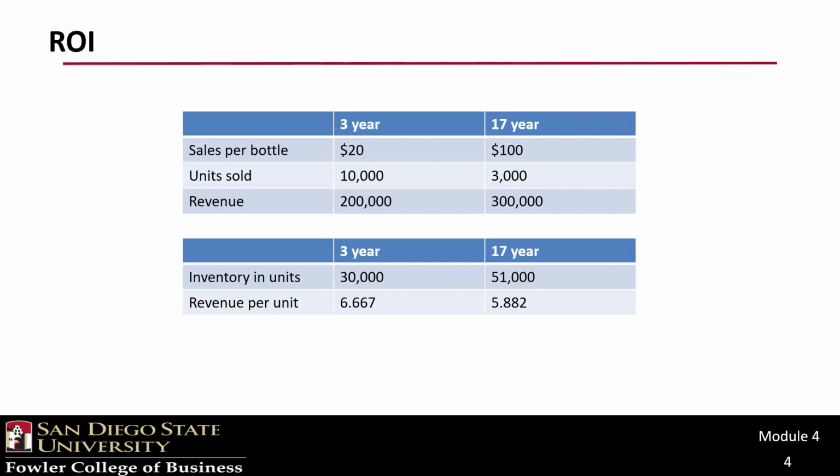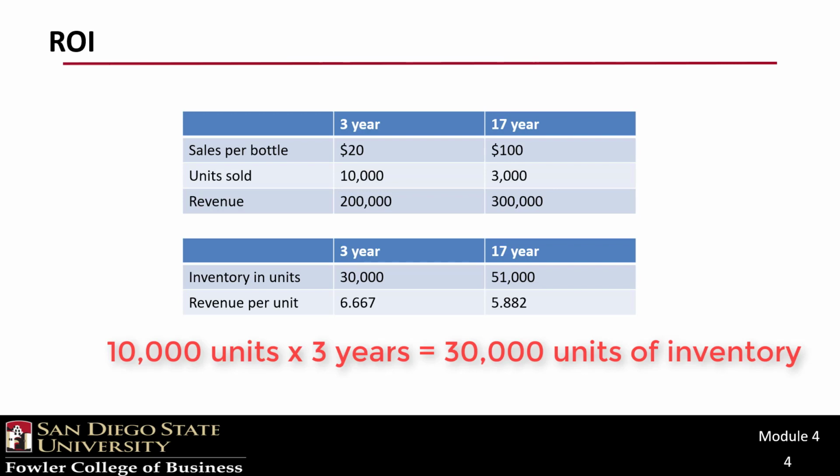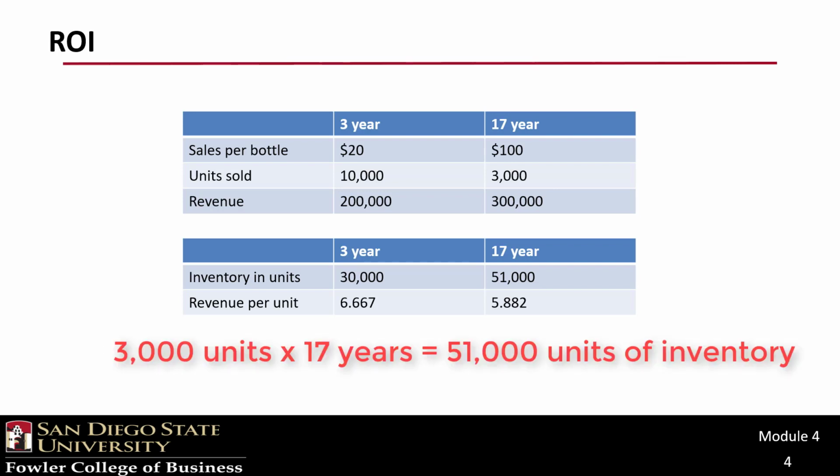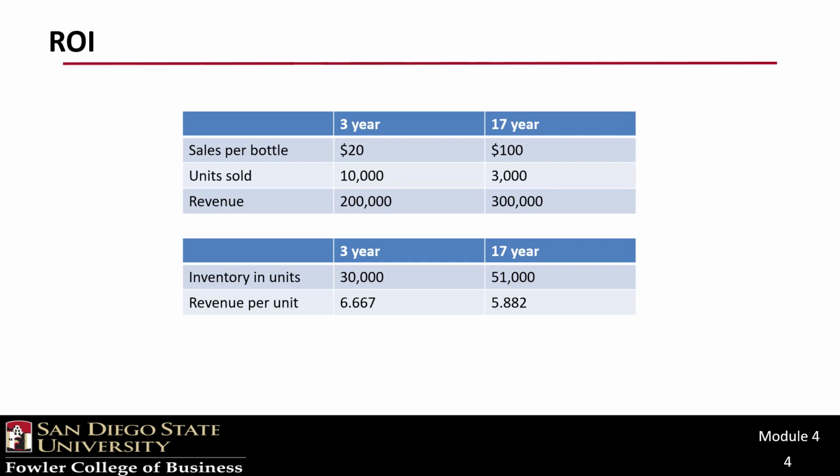However, in order to make 3-year scotch, you need to keep about a year's worth of inventory around for 3 years. And of course, for 17-year scotch, you have to keep a year's worth of sales around for 17 years because the scotch needs to age.